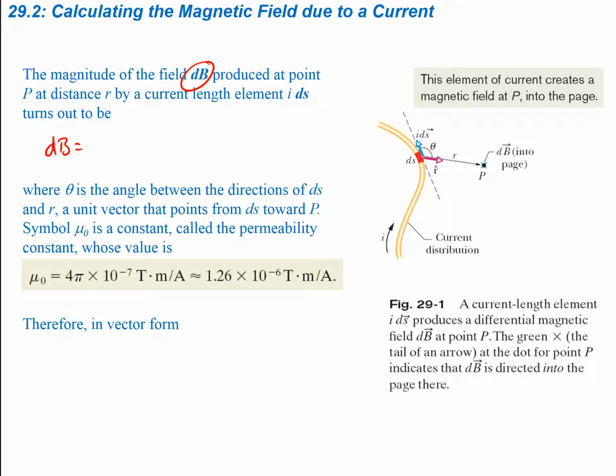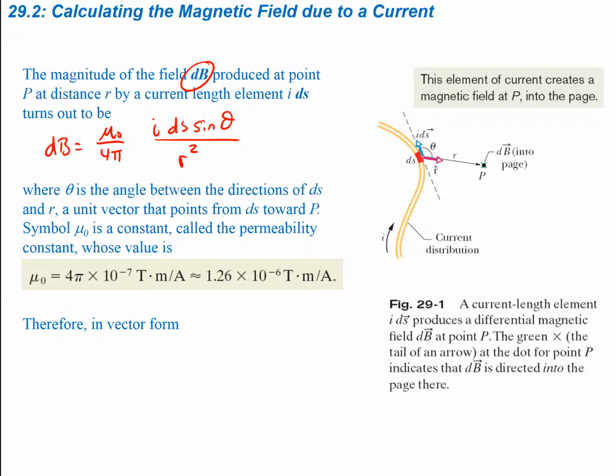So this turns out to be this infinitesimal element dB is equal to mu naught over 4 pi times I ds sine theta divided by r squared.